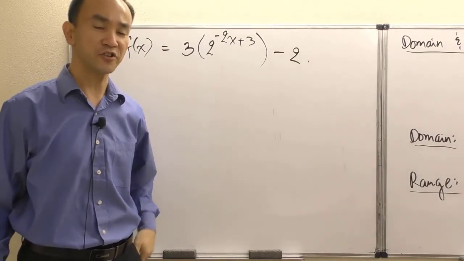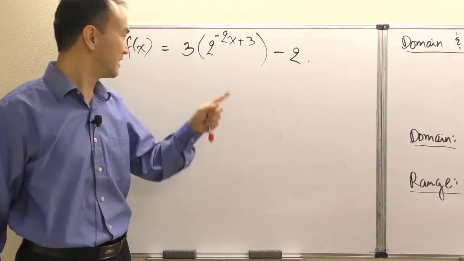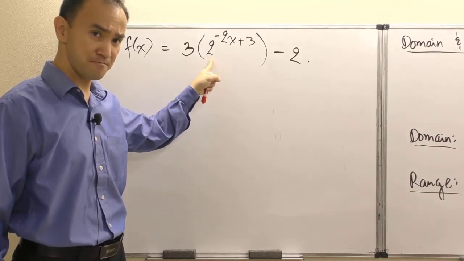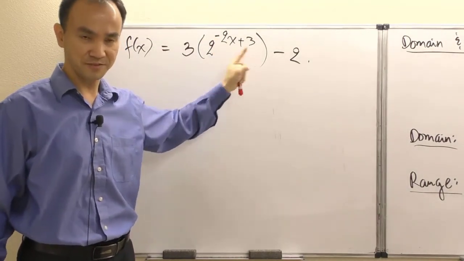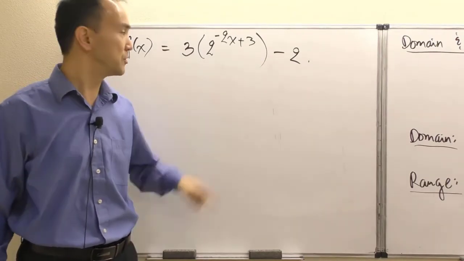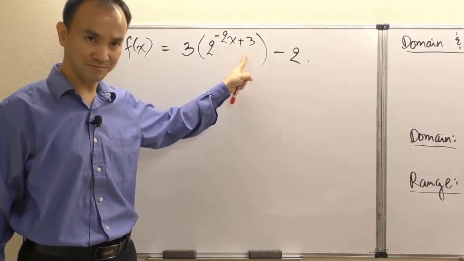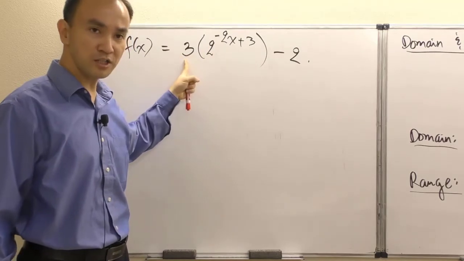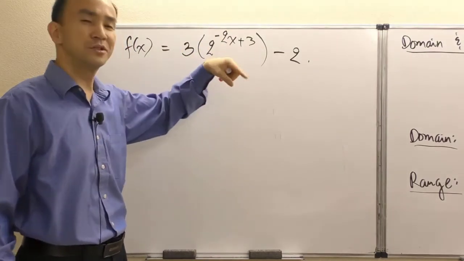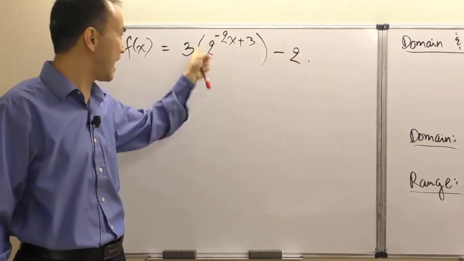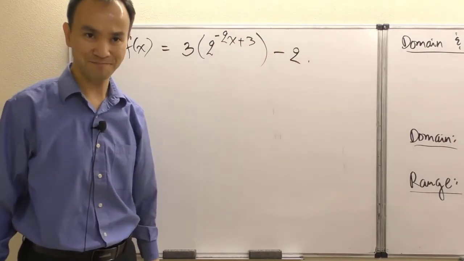Now we have a function to enforce what I meant earlier: base 2 raised to a linear expression of x, and then multiplied by a constant coefficient 3. To emphasize the order of operations, I put this part in parentheses.